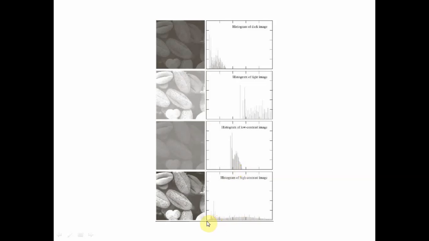If you cover the maximum range, the entire area from 0 to L minus 1, then it is considered the histogram of a high contrast image. And this is the output. The very clear image is the high contrast image. This is a low contrast image, with a very dark shade, then a light image and a dark image.